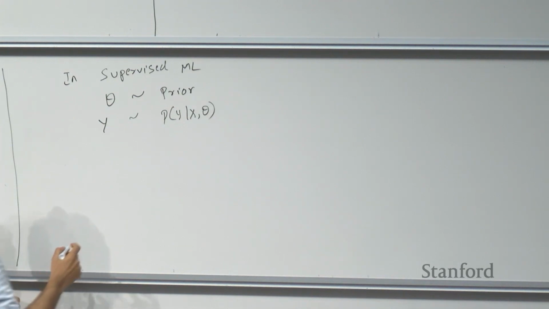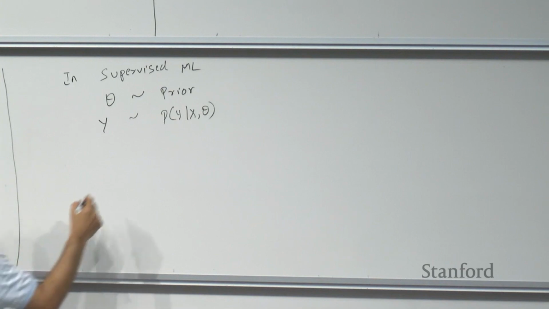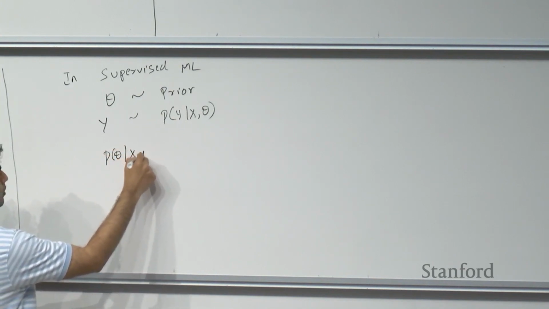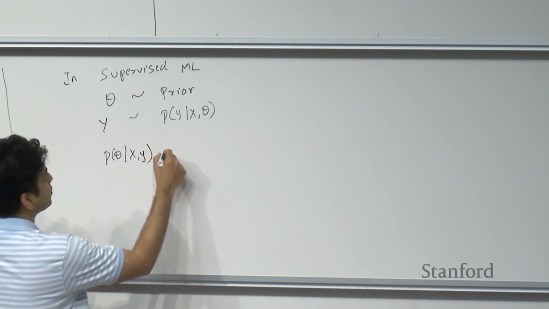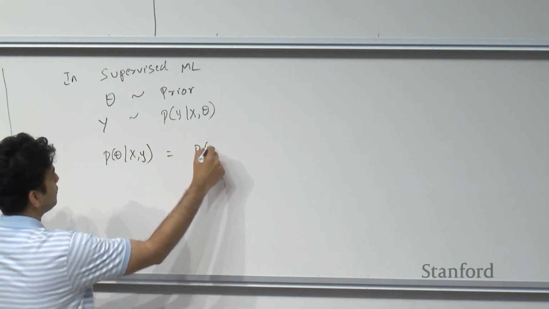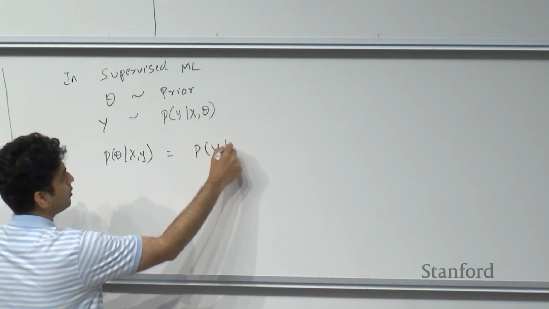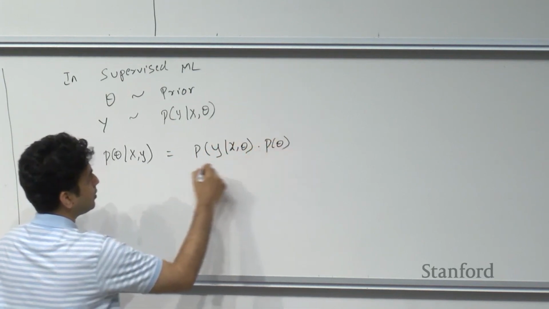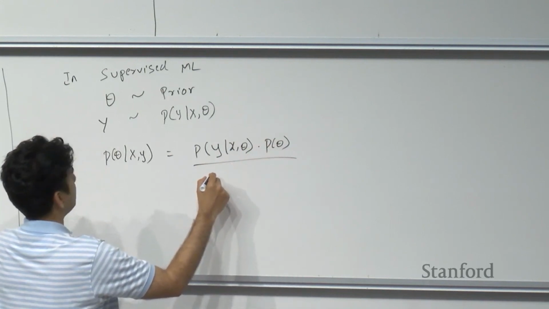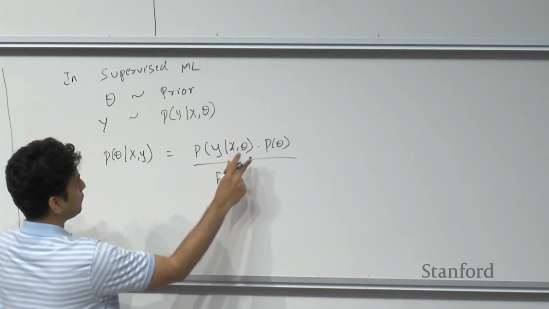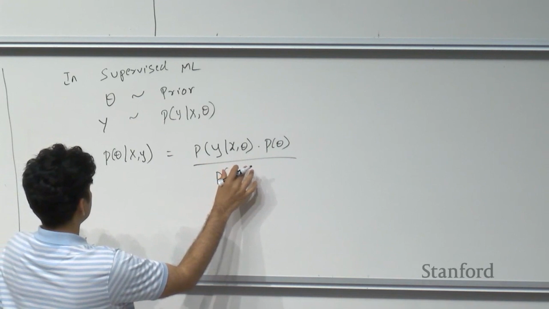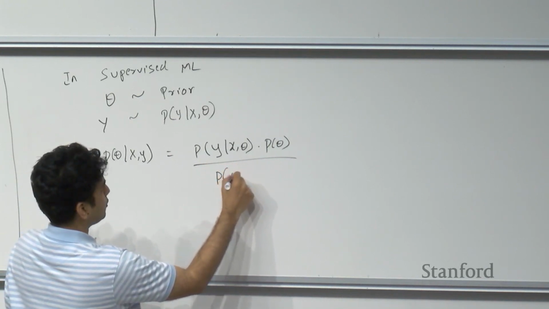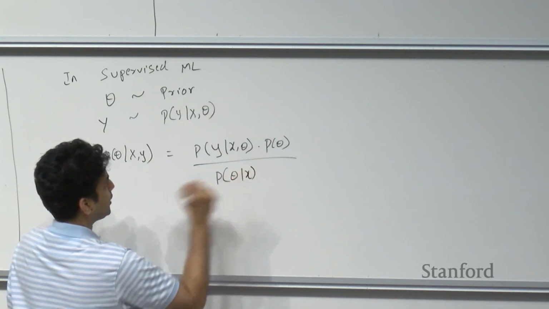And from this we calculate the posterior distribution P of theta given x, y, and this will be P of y given x comma theta times P of theta divided by P of y given x.